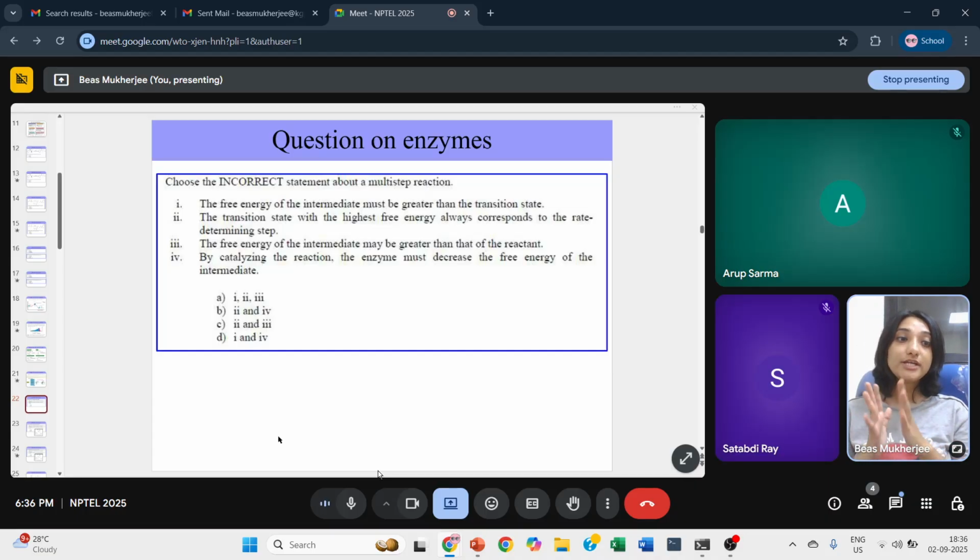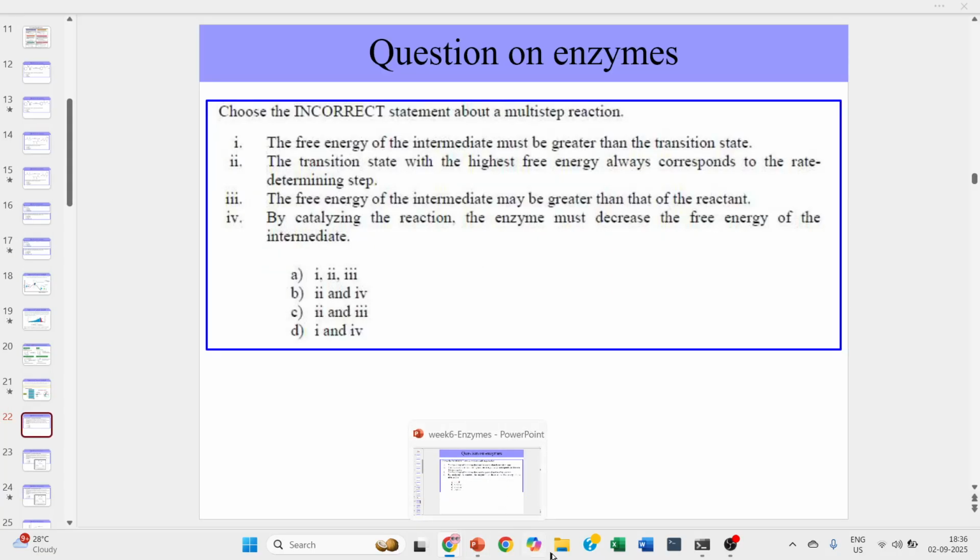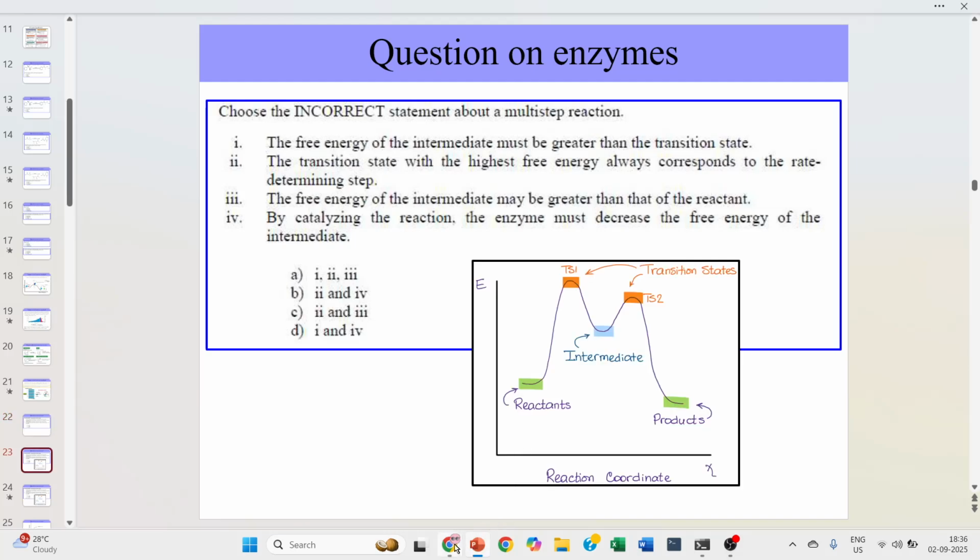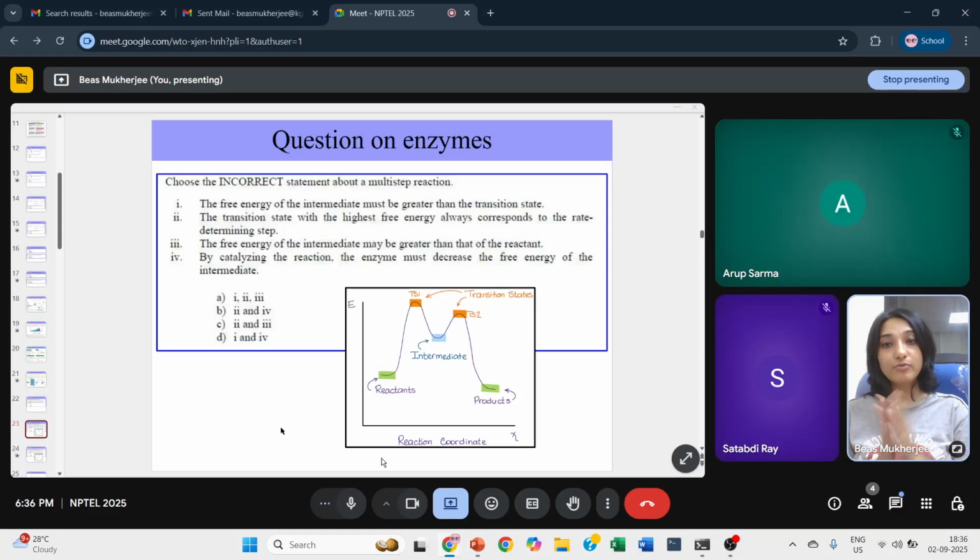So you have already read about intermediates and transition states. To give you a small clue, we have the figure here. You can refer to this figure, and from here you can tell me whether the free energy of the transition state or the intermediate state should be greater, and whether it should be more than the reactants.